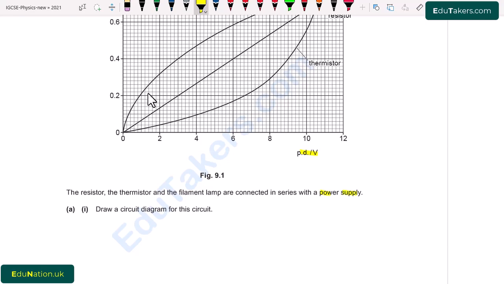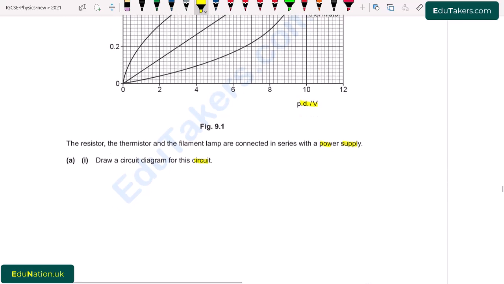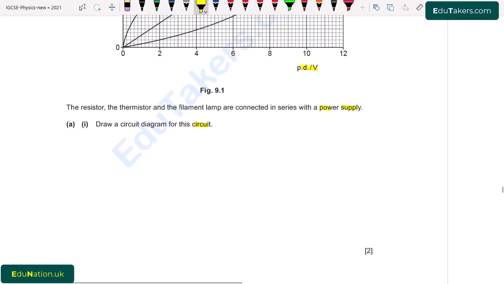Part A 1. Draw a circuit diagram for this circuit. So we have to draw the circuit in which there is a resistor, thermistor and filament lamp. All of these are connected in series with the power supply. So first of all, we have to know the symbols of all of these. The power supply is represented by this symbol.